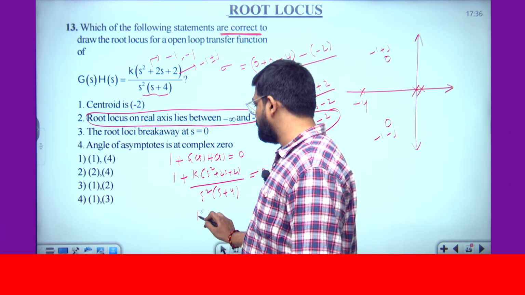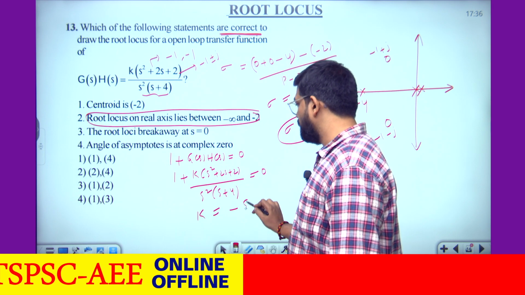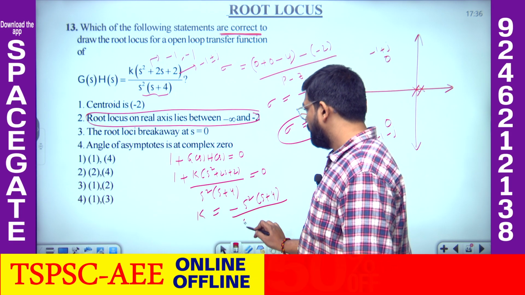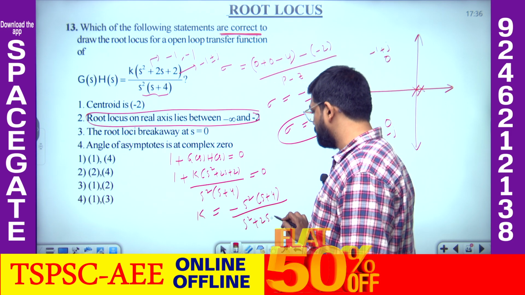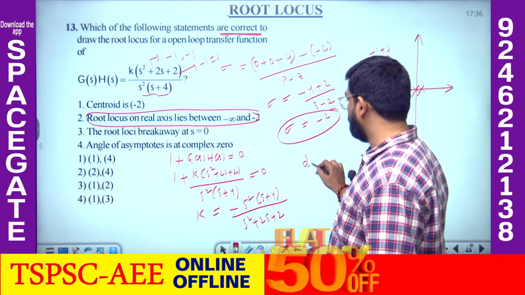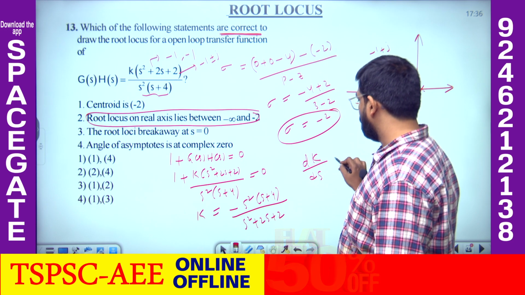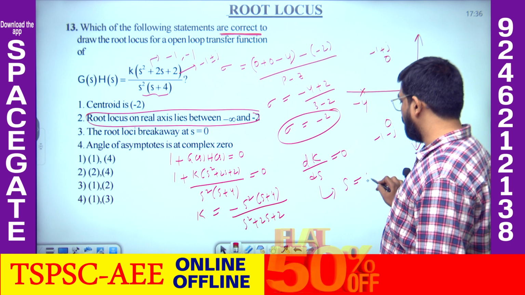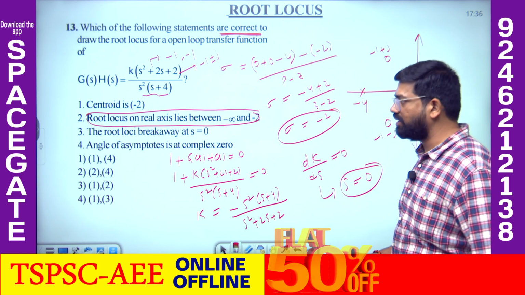So from here k is equal to minus s square into s plus 4 by s square plus 2s plus 2, and do dk by ds is equal to 0. If you follow this, anyway we get the breakaway point at 0 only, this is correct.